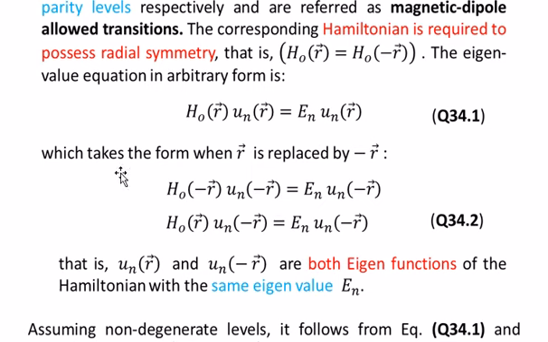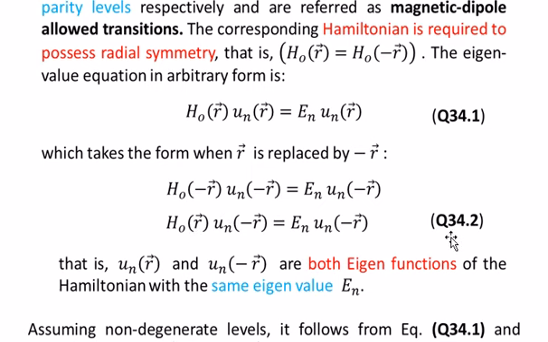And you know that this equation will take the following form when r is replaced by minus r, that is H0 of minus r operating on un of minus r is equal to En into un of minus r. And as we have assumed that our Hamiltonian must have radial symmetry, we can replace H of minus r by H0 of r.